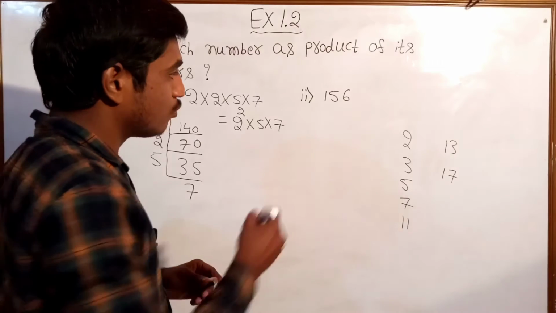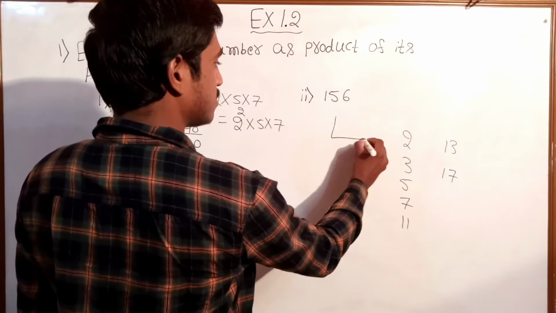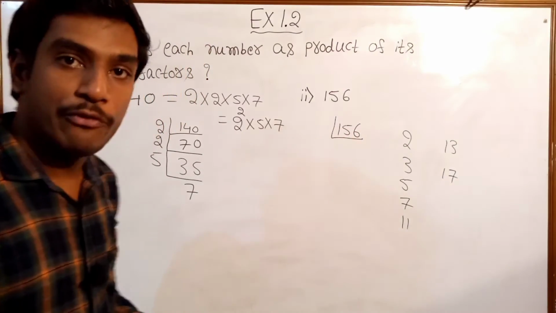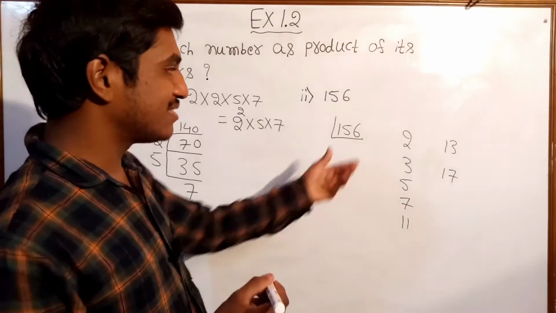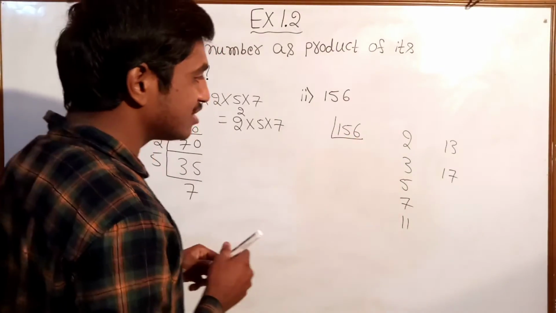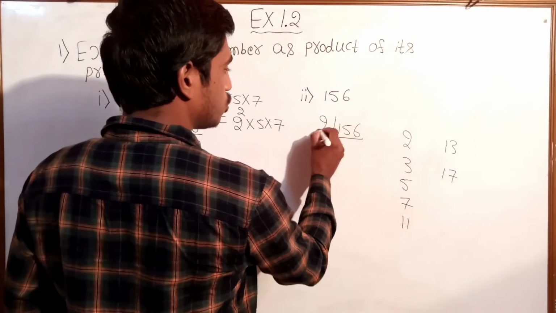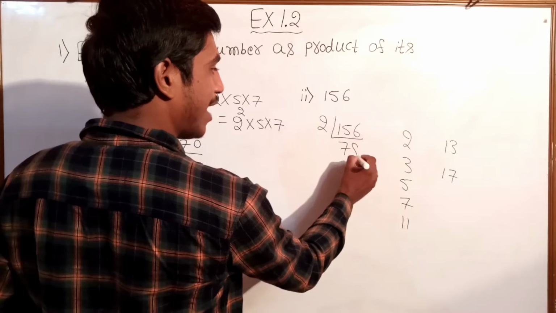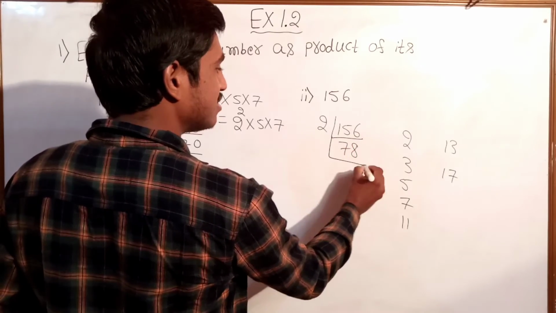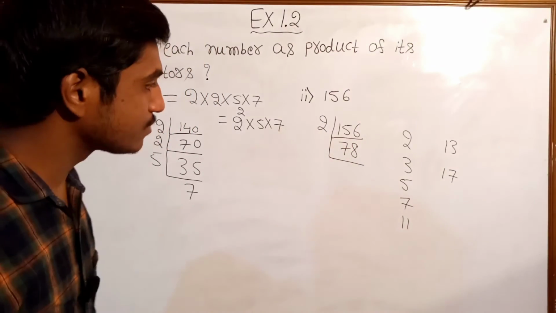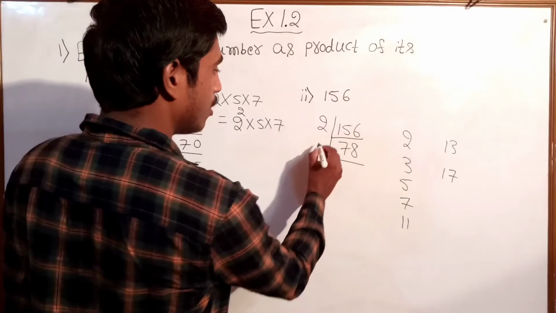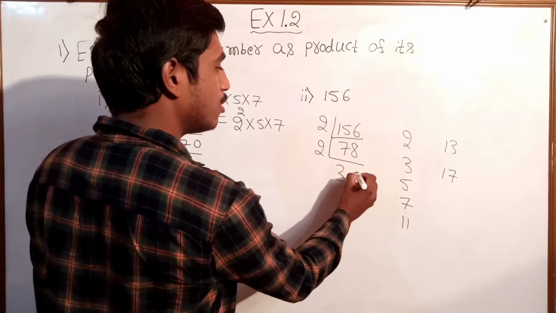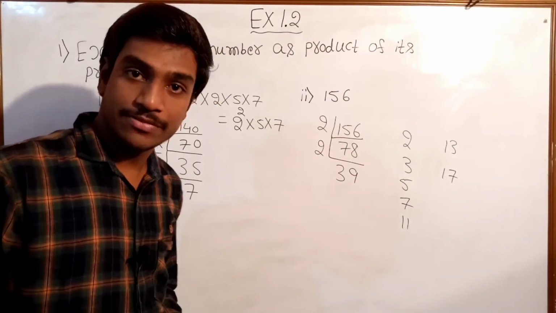Next question is 156. 156 is an even number, so it is divisible by 2. So 2 7s are 14, remainder is 1, 16, 2 8s are 16. Again 78 is an even number, so 2 3s are 6, remainder is 1, 18, 2 9s are 18.